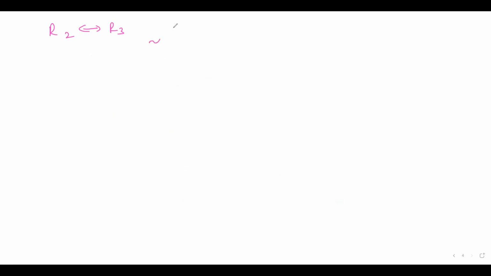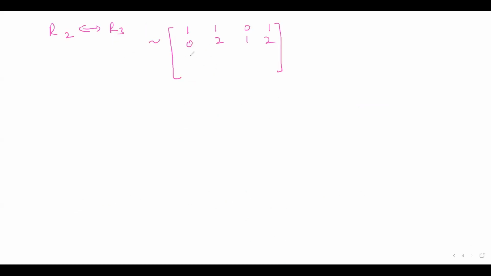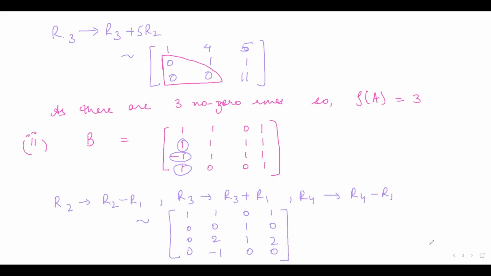First row will remain as it is. Second and third rows are interchanged. So this is my third row, as you could see, 0, 0, 1, 0, and the second row is 0, 2, 1, 2, and the last row would be 0, minus 1, 0, 0. No change there.